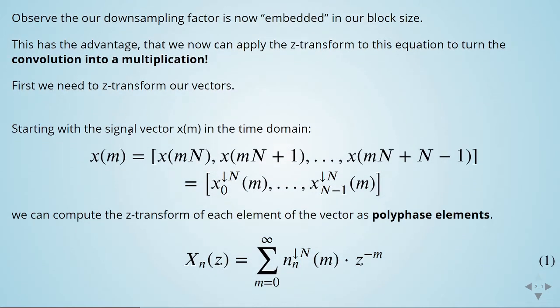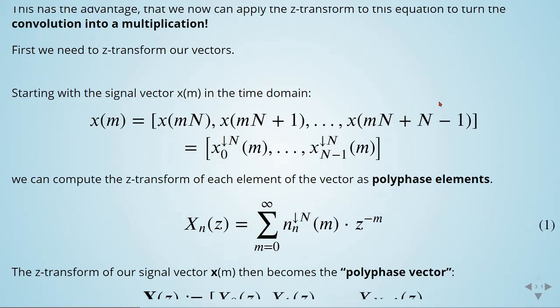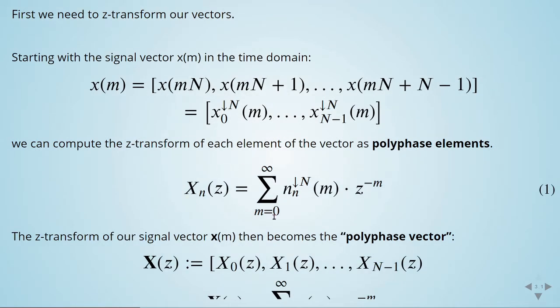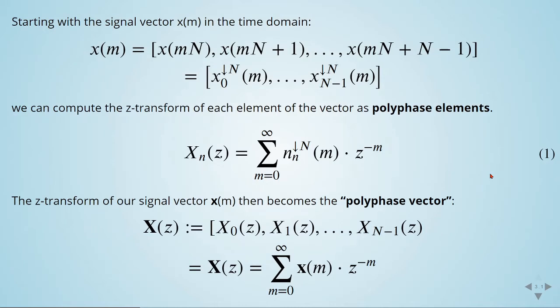So we will start with the signal vector x of m in the time domain, and we can compute the z-transform of each element of the vector as polyphase elements given here. So the z-transform of our signal vector x of m then becomes the polyphase vector.